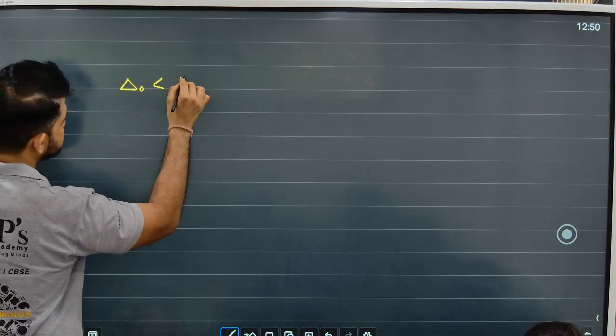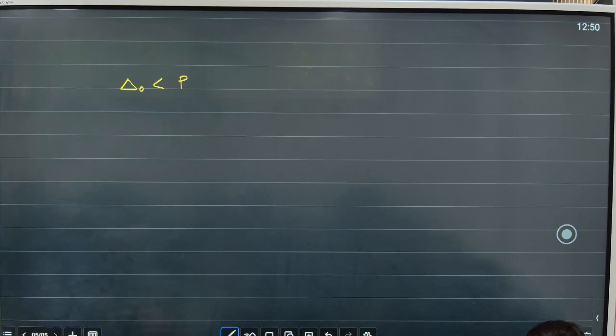If delta naught is less than P, what does this capital P stand for? Pairing energy.